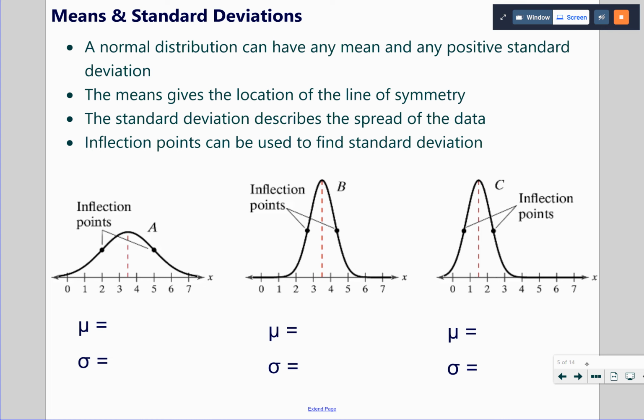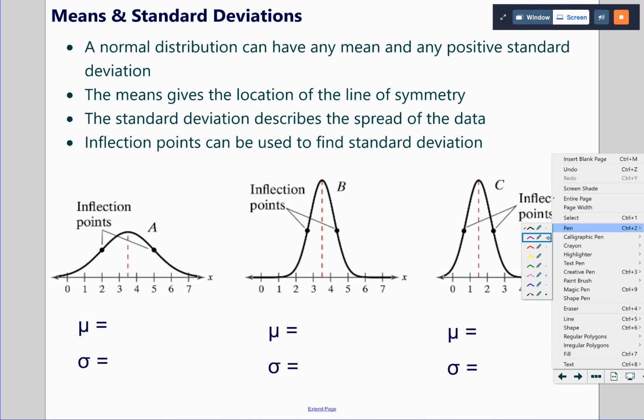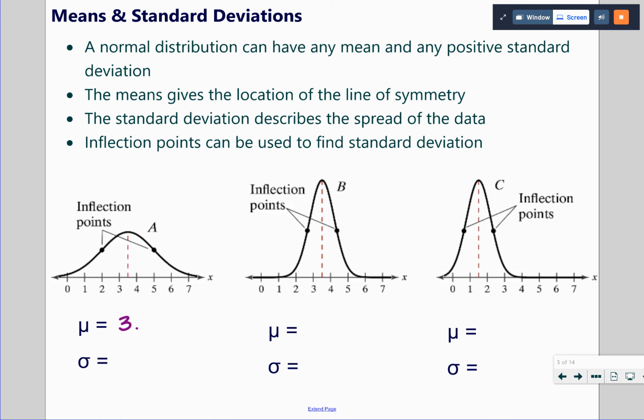Okay, so this is, I think, the first slide that you guys have on your paper there. For these 3 graphs at the bottom, all normal curves, we want to use the inflection points and the curve itself to find the mean and the standard deviation. So the mean is just where you see that little dashed line going straight up and down. So what's going to be that mean for that first one on the left? 3.5. And then the inflection points are labeled here for us.